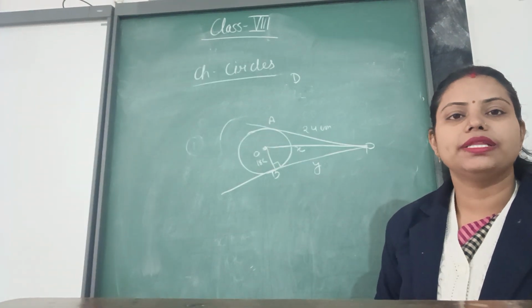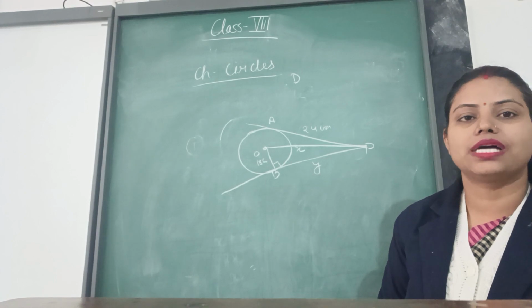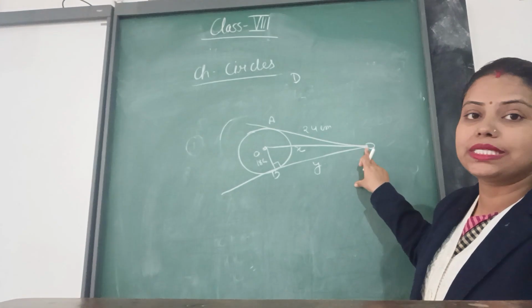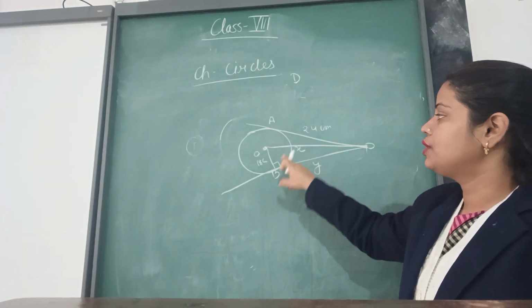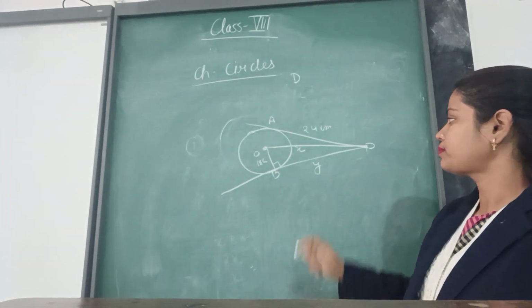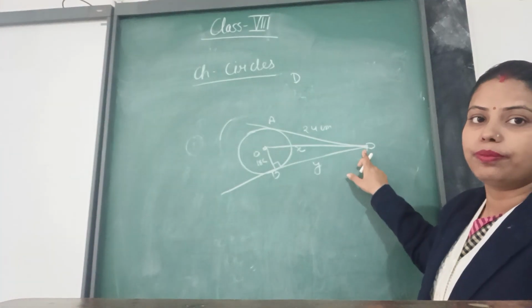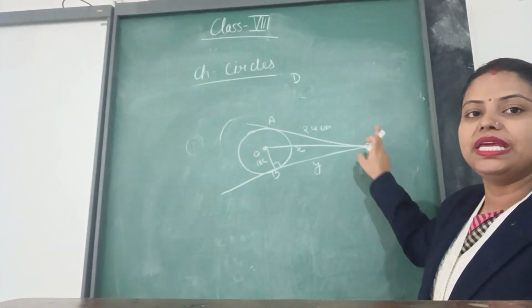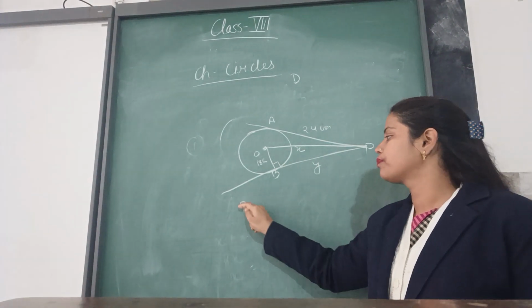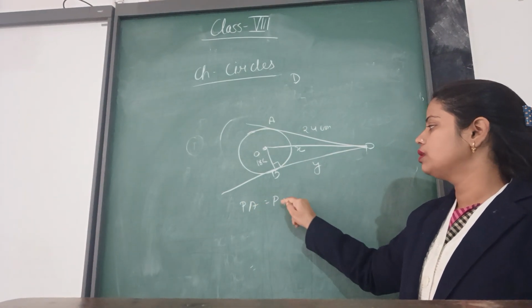The first property that we discussed for the chapter was that to a circle, if from the same exterior point tangents are drawn to the circle, then the length of both the tangents will be equal. So by following the same property, here we can write down if PA is given as 24, then PB will also be equal to 24. PA is equal to PB.